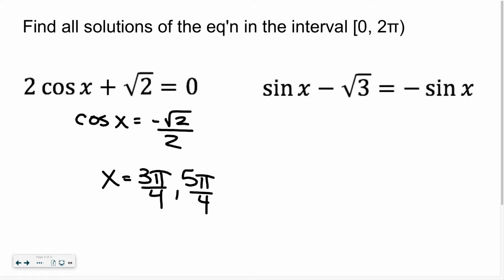Will? We could add the sine x to both sides because we have a negative sine x over here. And when you're solving for a variable, don't you want it all to be together? So we could add sine x to both sides. So sine x plus sine x is 2 sine x minus square root 3 equals 0.